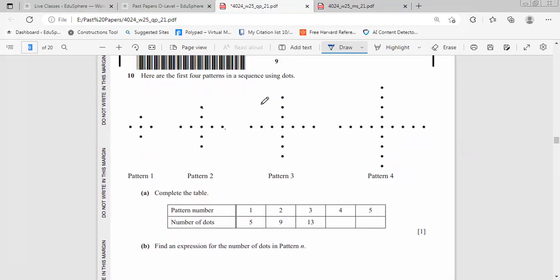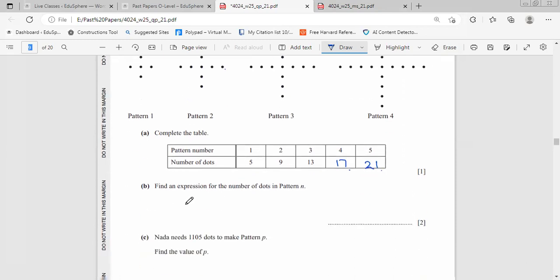And in this one, there are 13 dots. So if we look at it, 5 plus 4 is 9, 9 plus 4 is 13. So 13 plus 4 is 17, and then 17 plus 4 will be equal to 21. So first we have to complete the table, because this was the first part.